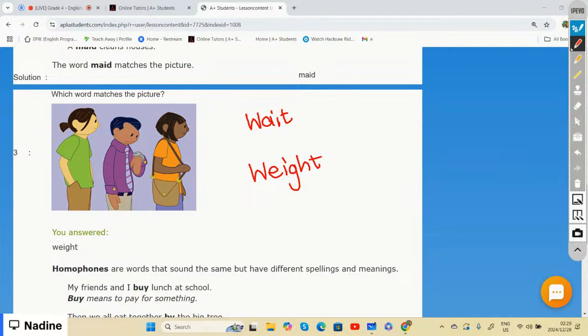So we need to choose the correct word to match the picture. Which one is correct?